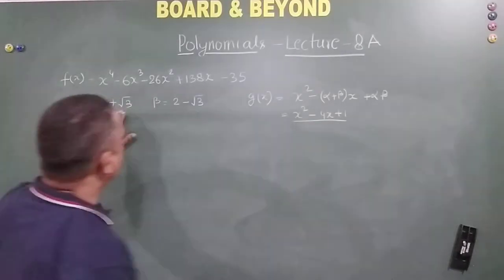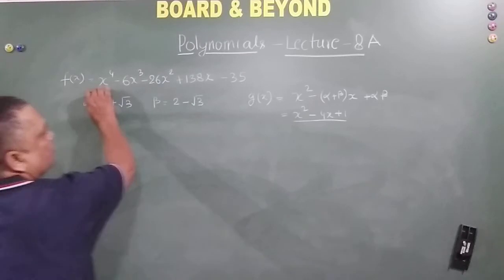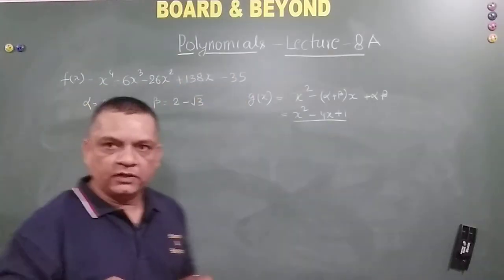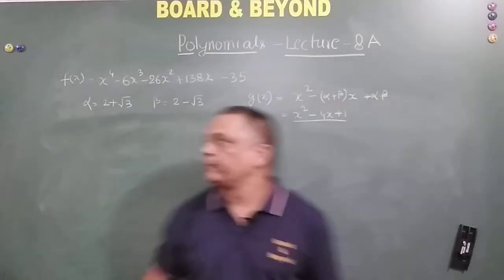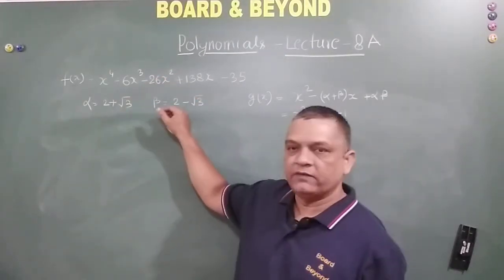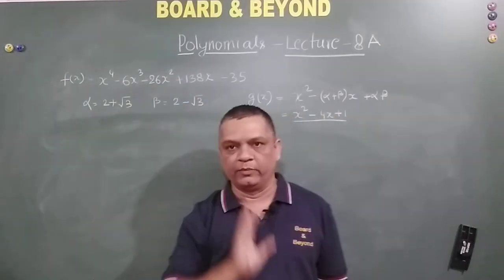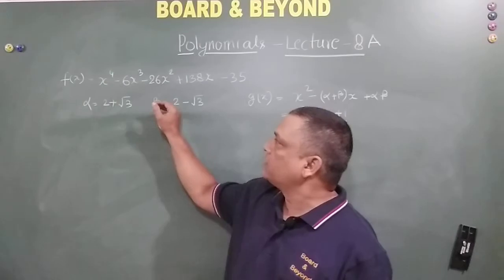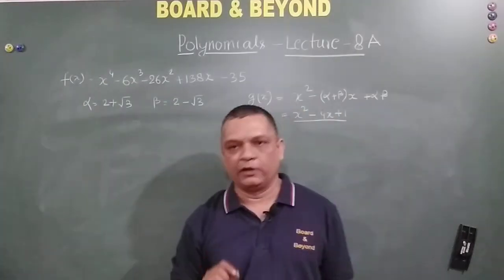Since these two roots are the roots of this biquadratic polynomial, let me repeat, these are the two roots given for this biquadratic polynomial. I'll go a little slow, please try to understand.